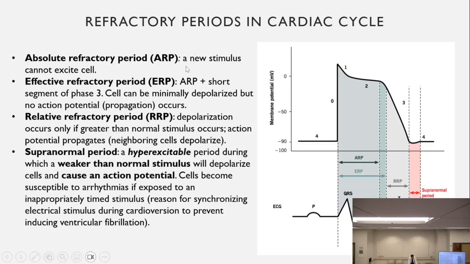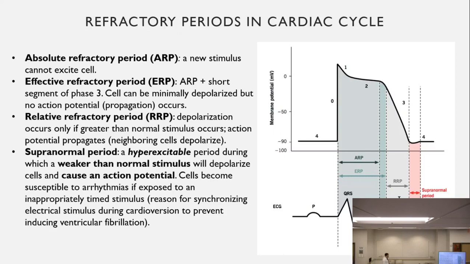What is the absolute refractory period? Exactly as in the neurons, but it's longer. It's a period during which the heart can't be stimulated at all. And then we have the relative refractory period, which corresponds to the T wave. Depolarization occurs only if there is a stimulus greater than normal.